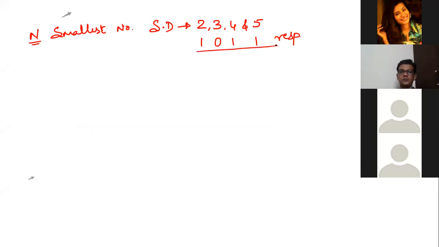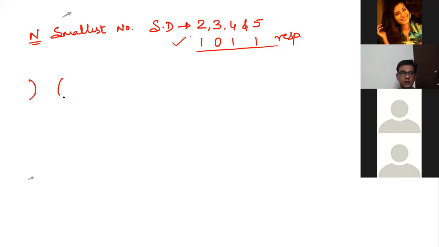Can you tell me what is the smallest number? I'm successively dividing by 2, 3, 4 and 5, and it leaves me a respective remainder of 1, 0, 1, 1. So those who are doing, continue doing. Those who do not know how to do, let's do it together.